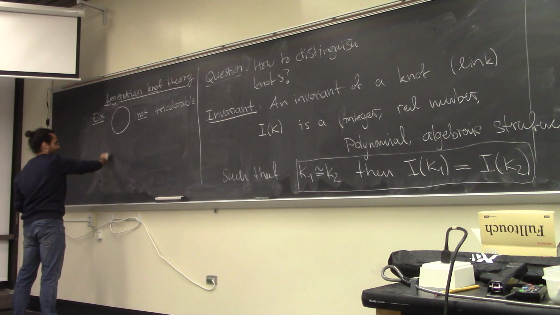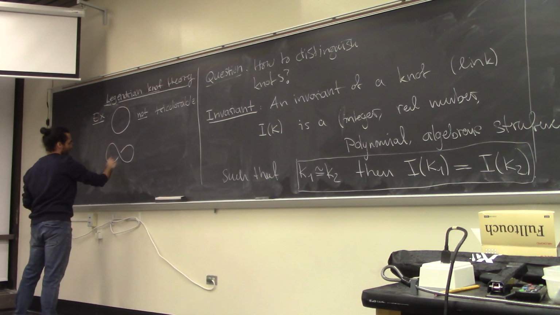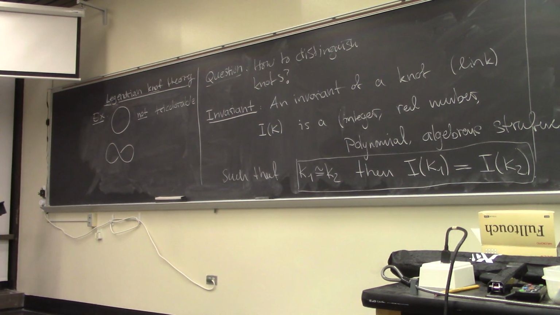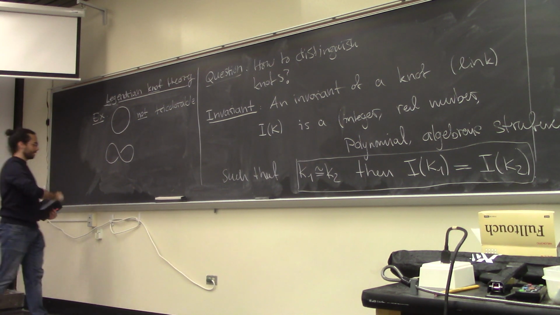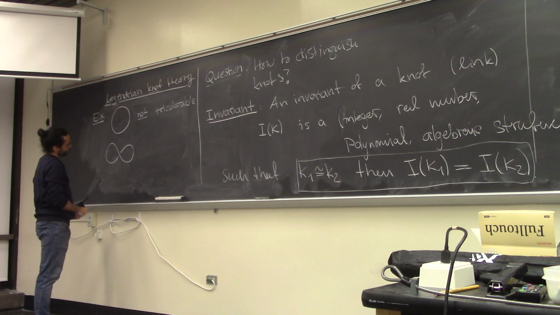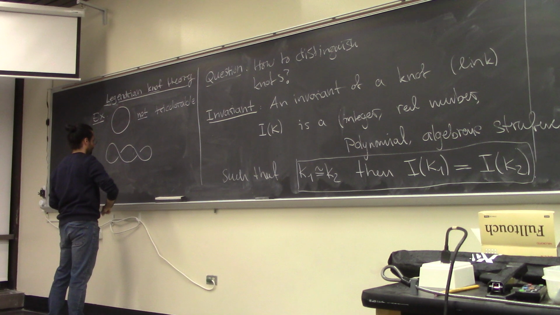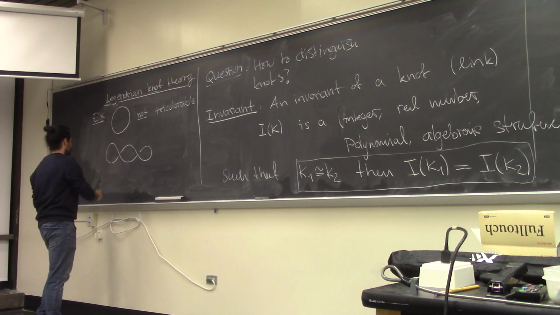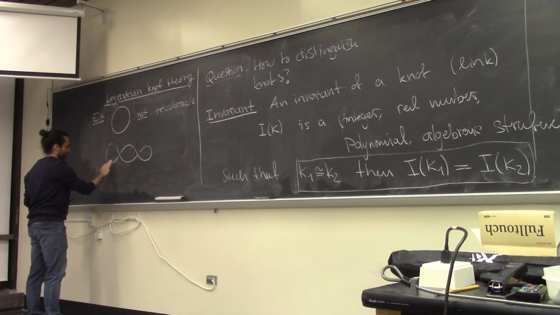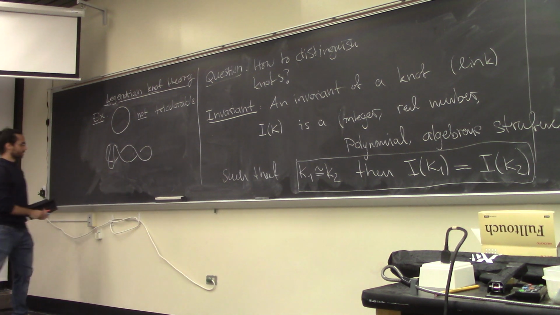And if I change the diagram, I don't change the fact that there's only one strand, and I can make a twist and maybe another twist, or I can take this strand and put it over this one. I can try to create more strands.